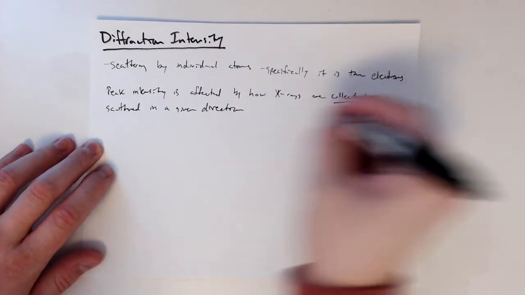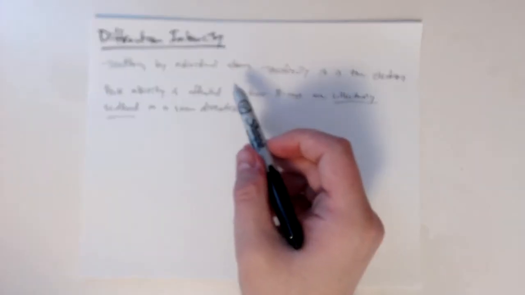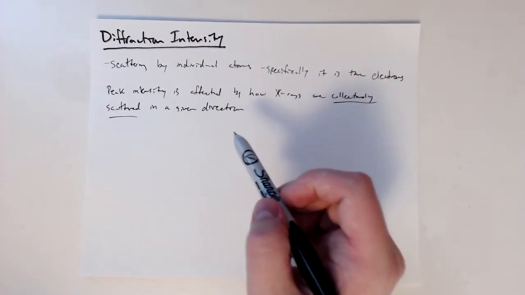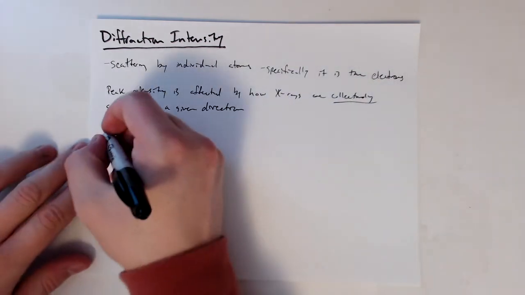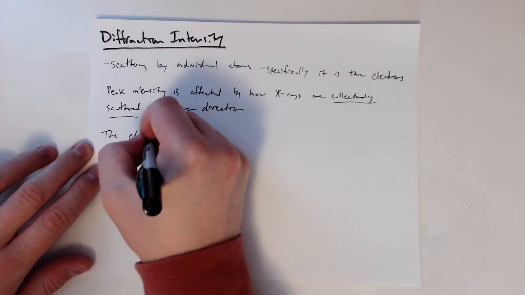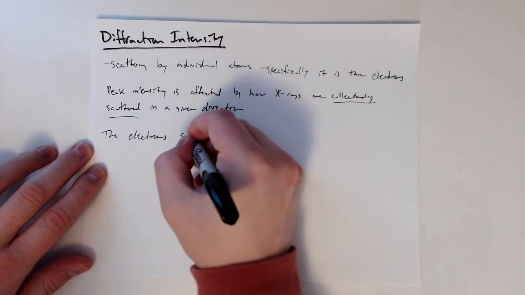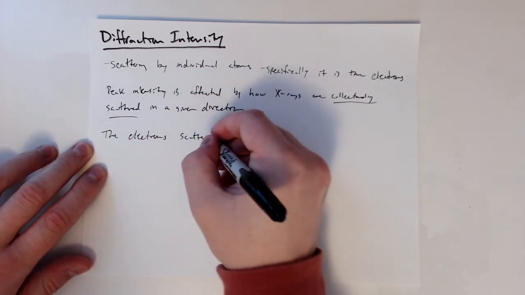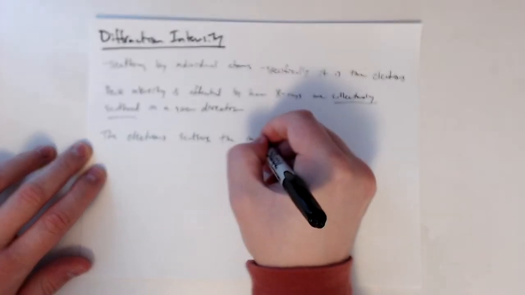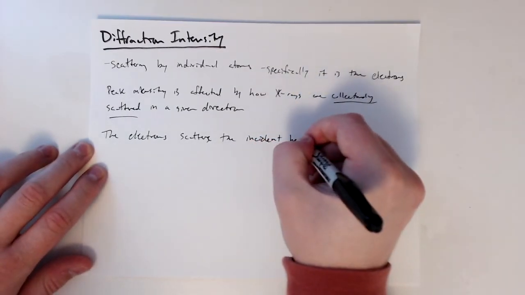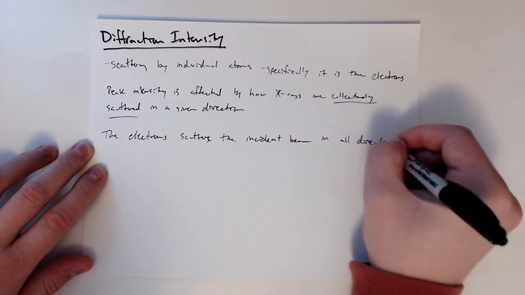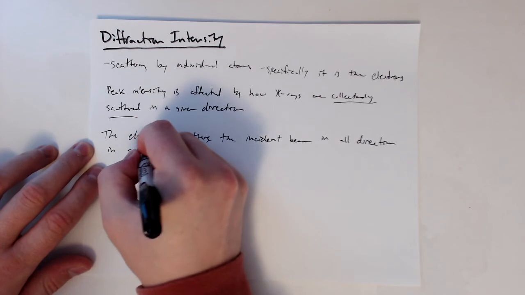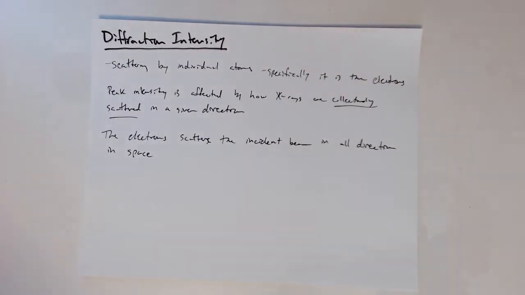So we're looking at this scattering from individual atoms, but how it collectively occurs in a given direction. So the electron scatters the incident beam in all directions in space. But we just want to look at the one direction.